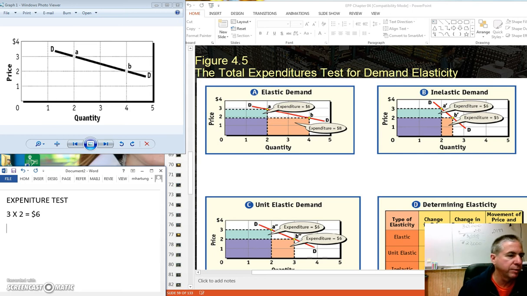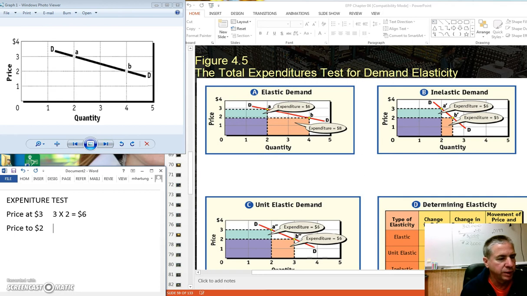And so that was at a price of $3, and then maybe you might even want to do this. Price at $3. 3 times 2 equals 6. That's our expenditure. And then let's drop the price to $2. And what do we get?